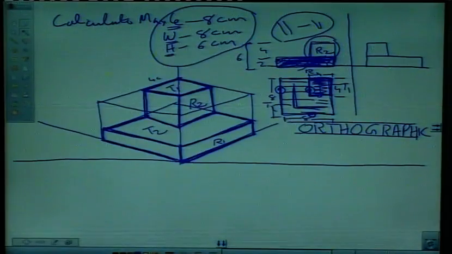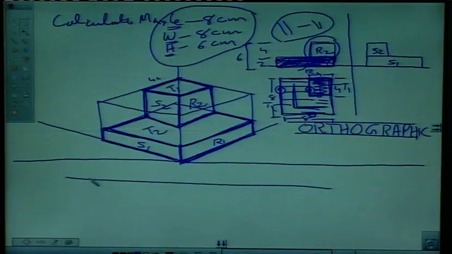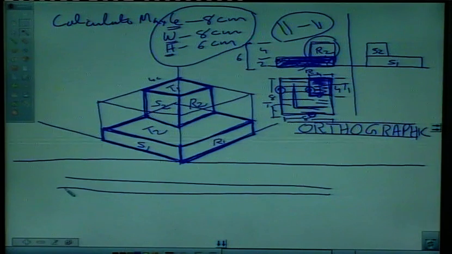And in side elevation we can see this rectangle S1, and this is S2, the square surface which is here. So this completes our isometric drawing from the given orthographic projections.